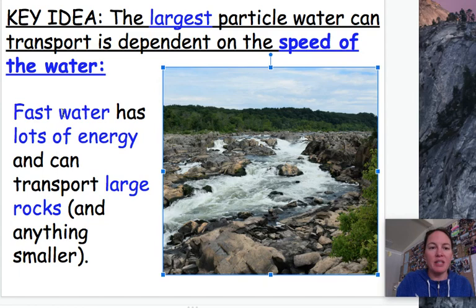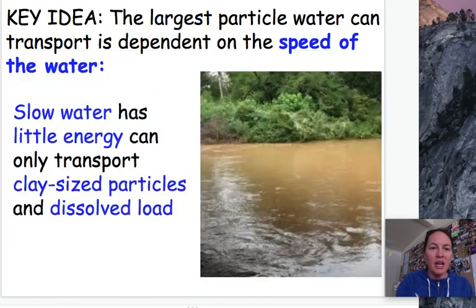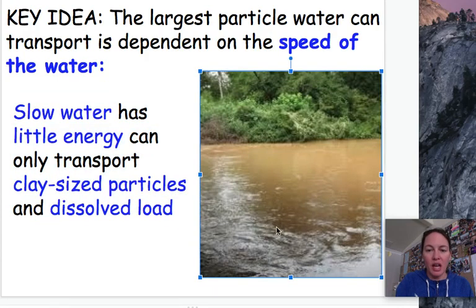That's because this fast water has lots of energy and can transport large rocks. The next idea is that slower water has less energy and can only transport clay-sized particles and dissolved loads. So this river here is moving and it can move clay and small particles, but it's not going to be strong enough or have enough energy to move boulders.